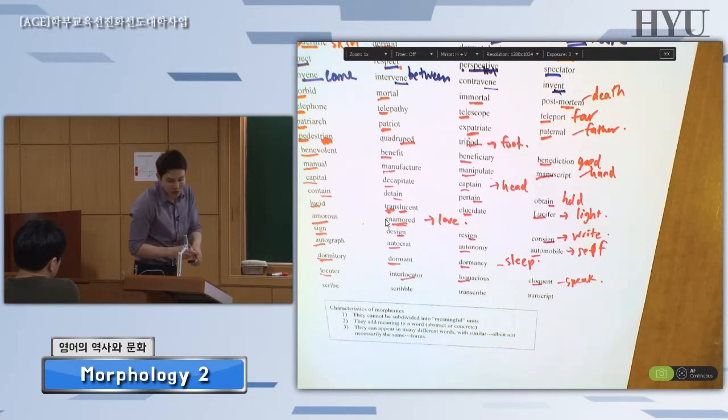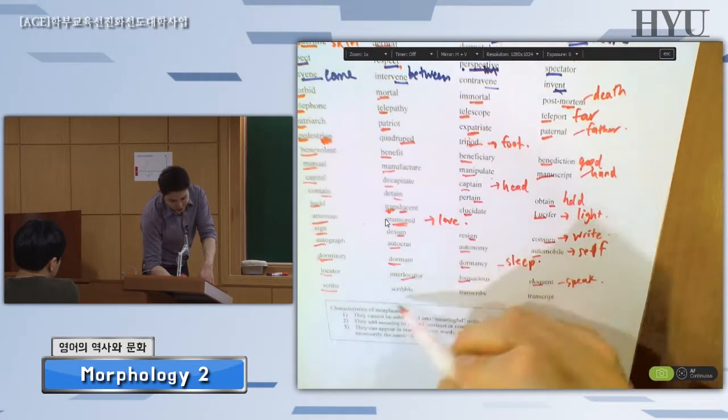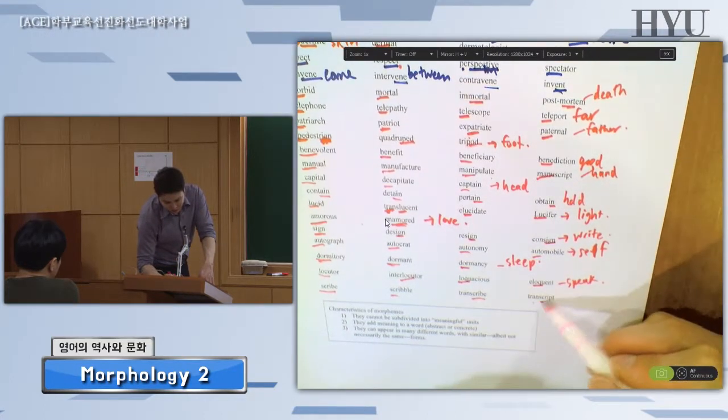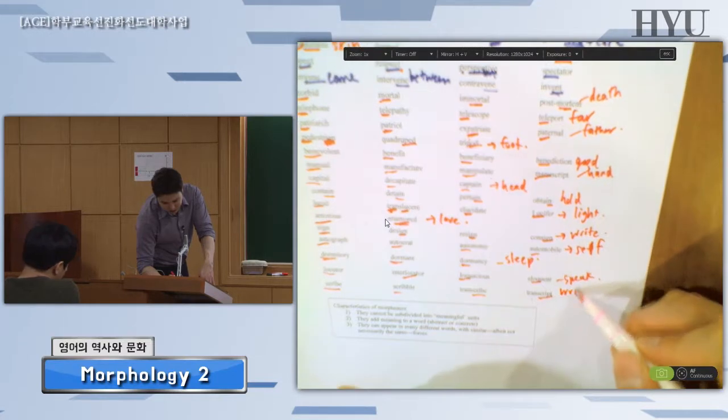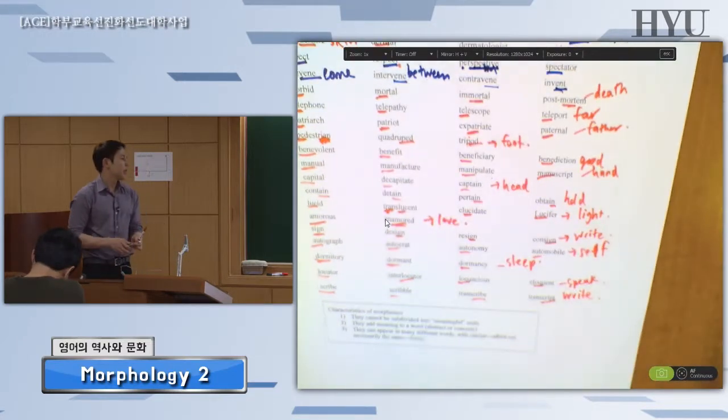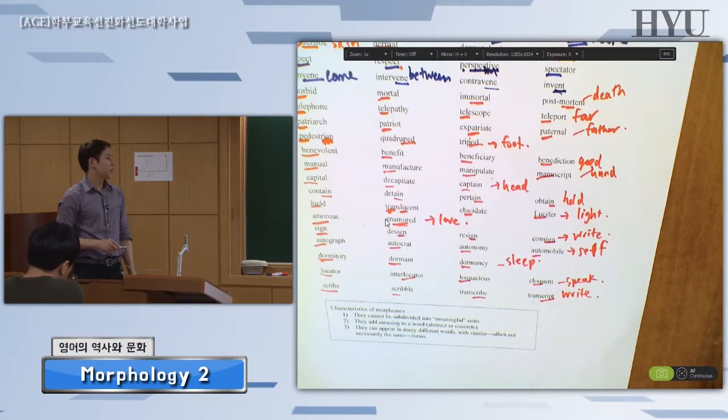You see the word scribe or script, right? All of these mean to write. So we have scribe, scribble, transcribe, and transcript. So all of them mean to write. Okay.